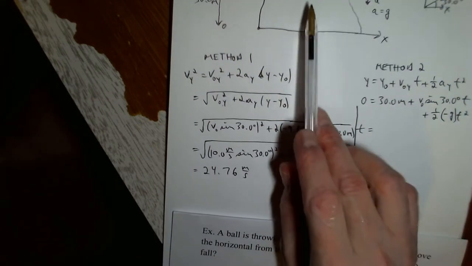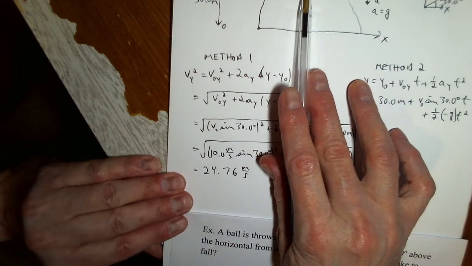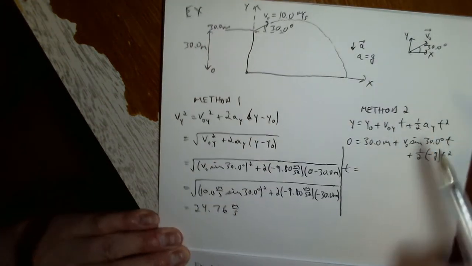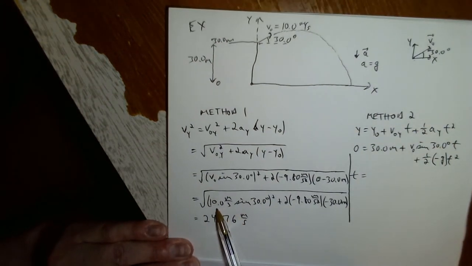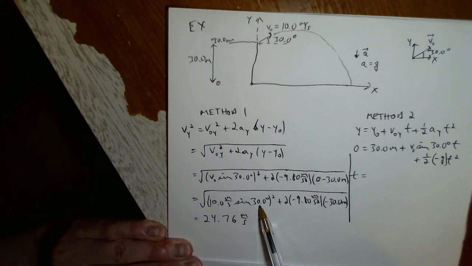I mean, it's bigger than the 5 meters per second, which was the initial y component of velocity. 10 meters per second times sine of 30 degrees is 10 times a half, is 5 meters per second.